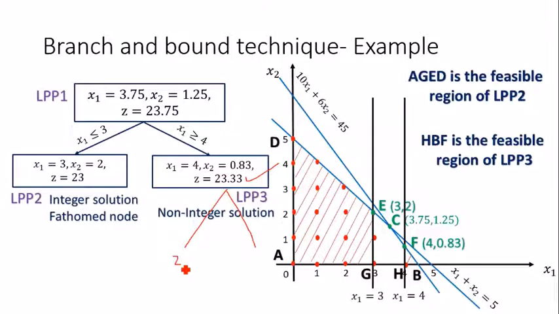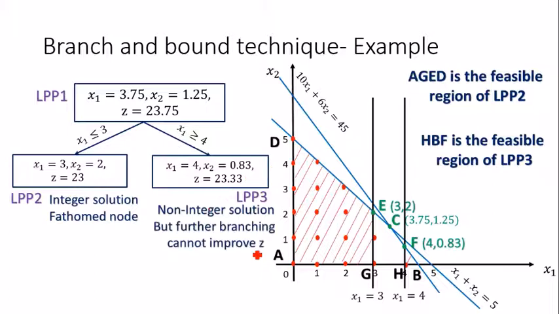It can never be 24. The maximum possible is 23, and you have already obtained an integer solution giving z equals 23. So there is no benefit of branching further, as it cannot give us a better value of z than 23. The question will stop there. We declare this node as a fathomed node because further branching cannot improve z.